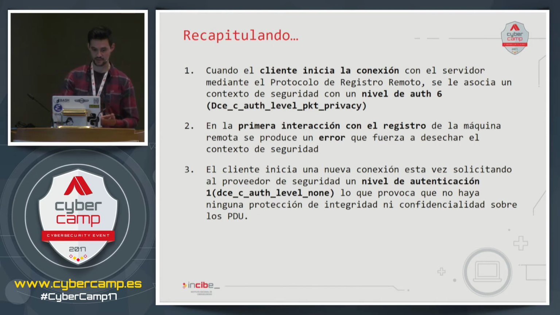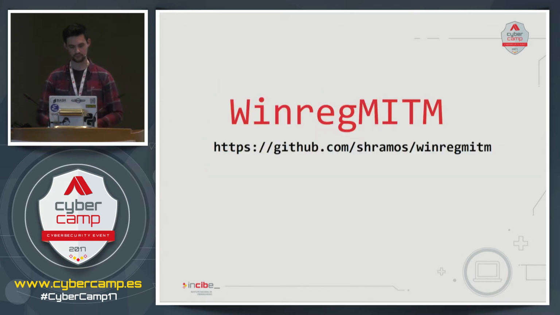That fails, a fault is sent back, and from that moment onwards, the client says, okay, I'll get another security context. But in this case, the security context has no security. They set a context in which packages are sent flat, they don't need to be signed or encrypted, and nothing is guaranteed. And we can modify it. And that's where the tool that I built comes into play.